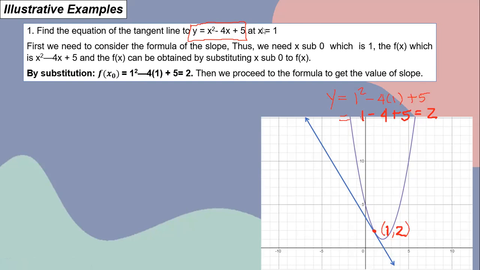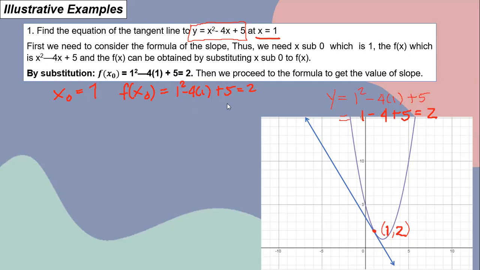So meron na tayong given which is the x sub 0 which is equal to 1. Okay, so we have to find the f of x sub 0. Yun na yung kinuha rin natin kanina. So f of x sub 0 is f of 1. So substitute lang natin yung 1 dun sa ating equation. That is 1 squared minus 4 times 1 plus 5 is equal to 2.